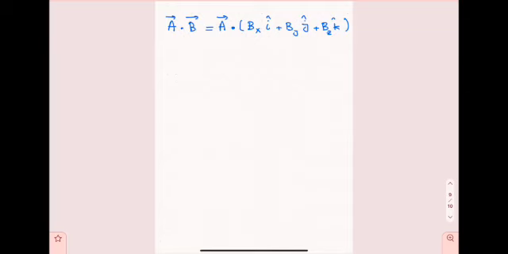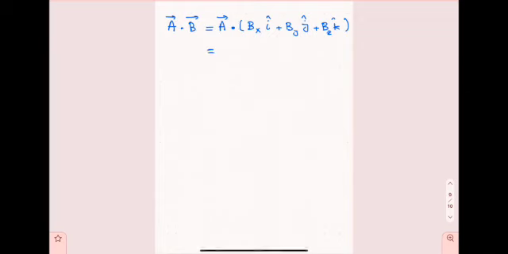Now, knowing the rules that the dot product is associative and distributive, I can distribute this A to these terms one by one, and knowing that Bx, By, and Bz are only scalars, like alpha, we can change their positions and write it again like this.